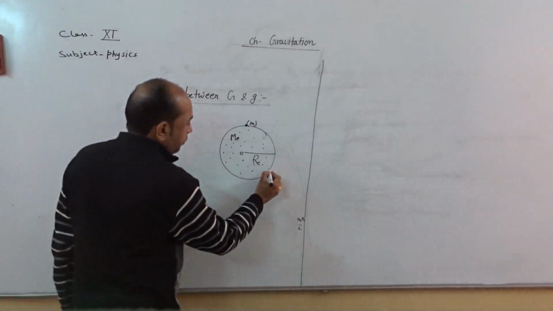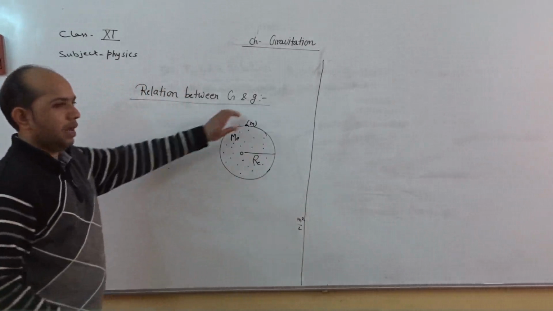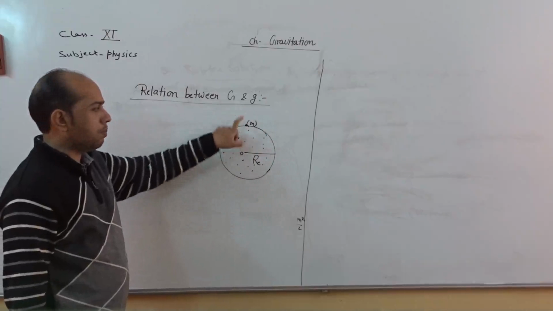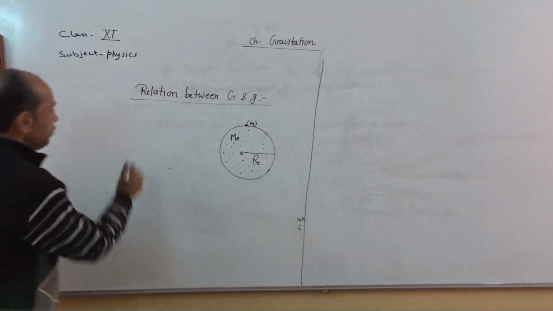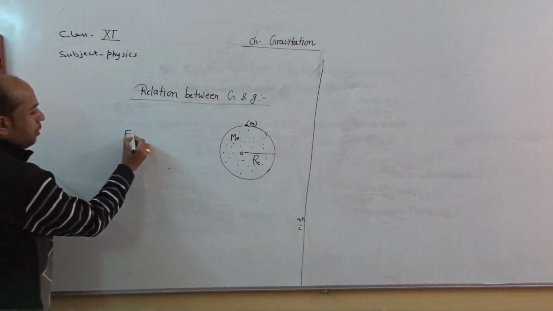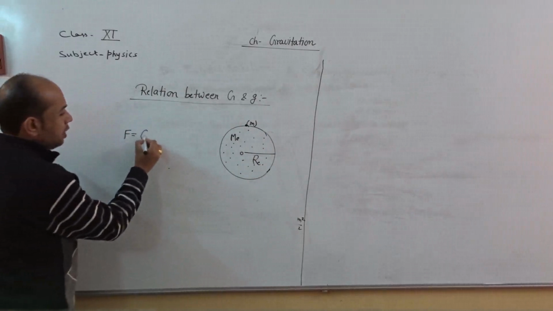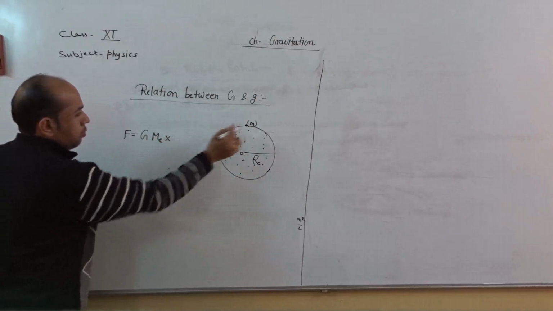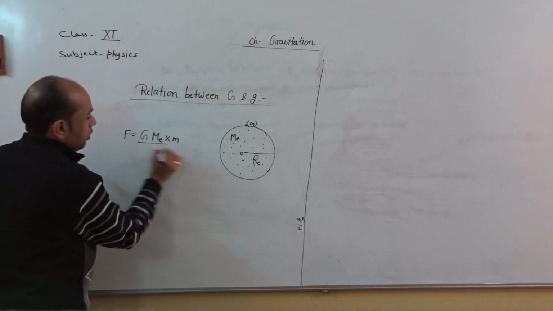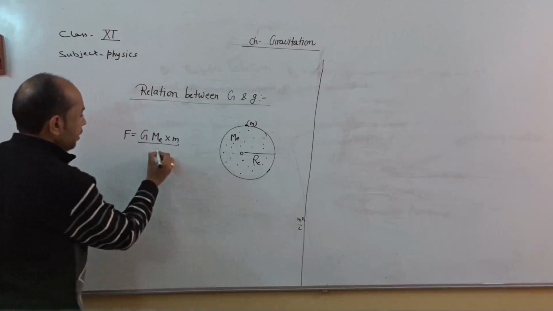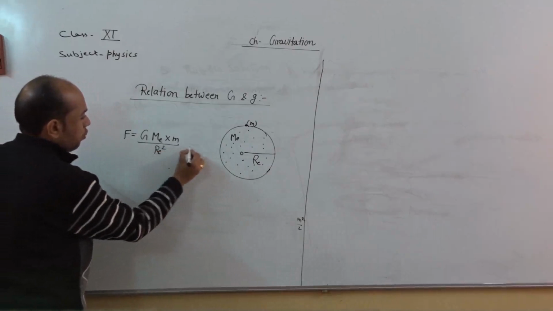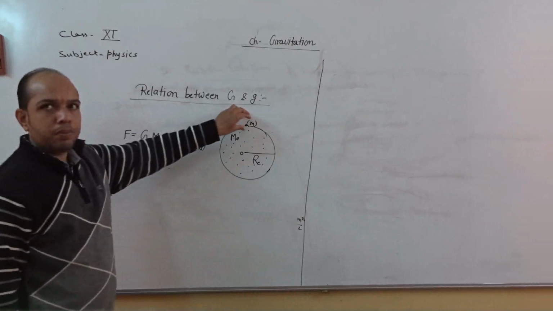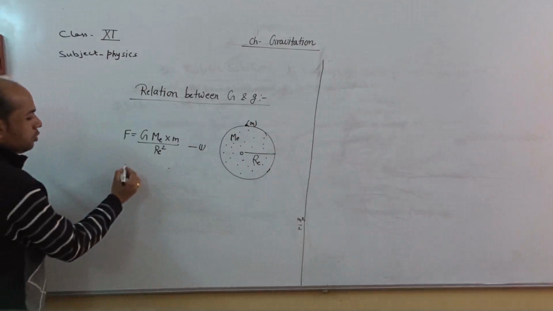So here two forces act on this object M. First of all, because we have two masses separated by a finite distance, from the universal law, F is equal to G, mass of the first object, this is the mass of Earth ME, into mass of the second object M, separated by a distance RE square. Equation number one. Second, this object is placed on the surface of Earth, so it also experiences one force.